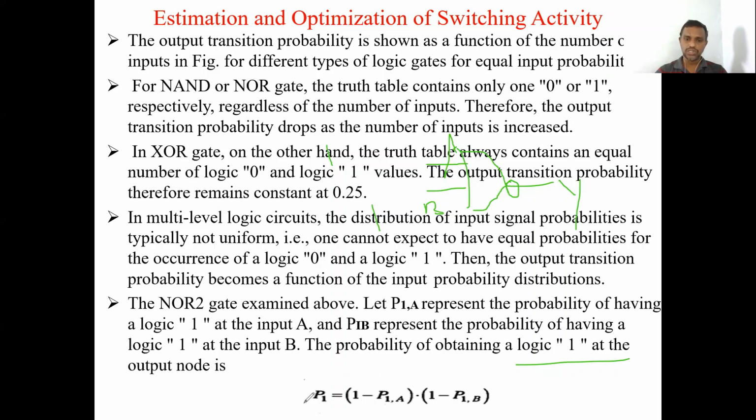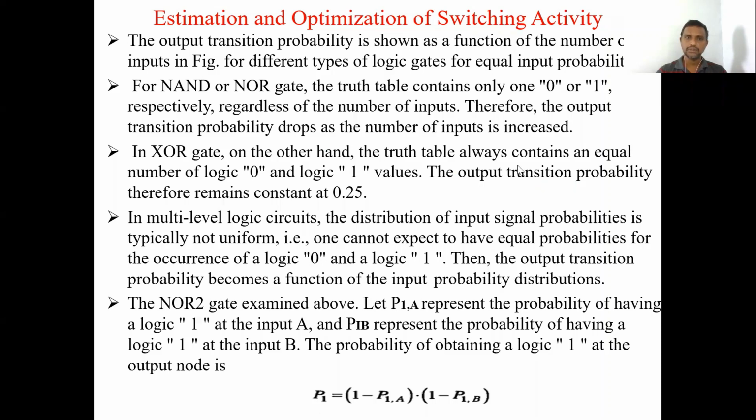This is the equation to get logic 1 at the output, given that the probability of logic 1 at A is P1A and at B is P1B. We'll apply this equation for the next calculation.